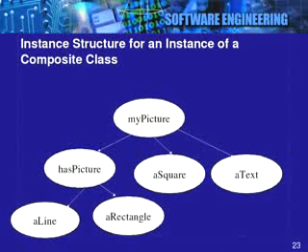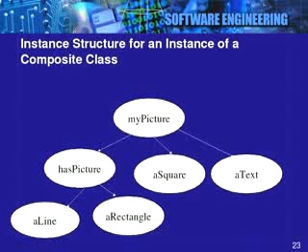So for example, this is one object diagram which you can construct after instantiating this given hierarchy. You have my picture at the root level, which has hash picture, another picture. Now it has a line and a rectangle, and my picture is composed of hash picture, there is one more picture inside it, a square and a text.